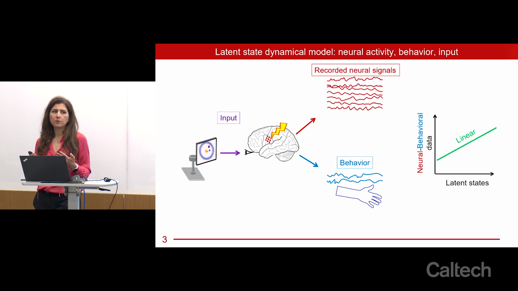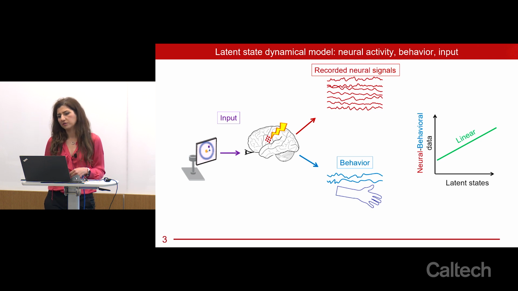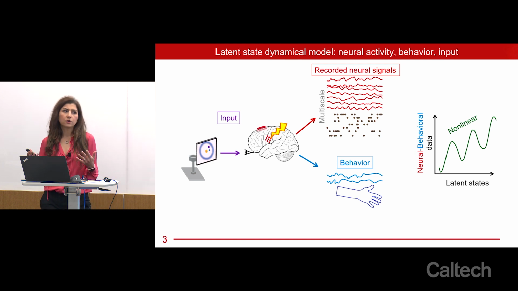Then I'm going to talk about how we can go from these interpretable linear dynamical system models towards nonlinear dynamical models of neural behavioral data, but in a manner that still affords some level of interpretability. We're also going to talk about using multimodal neural activity patterns that we can record from multiple spatial temporal scales, and how we can have an extension to multi-scale dynamical modeling.